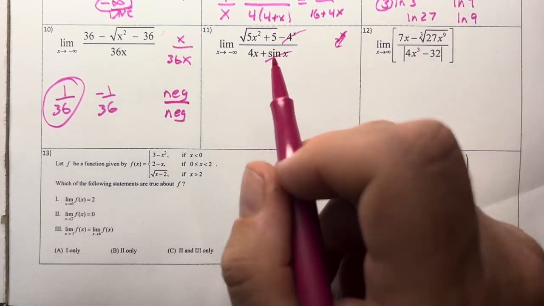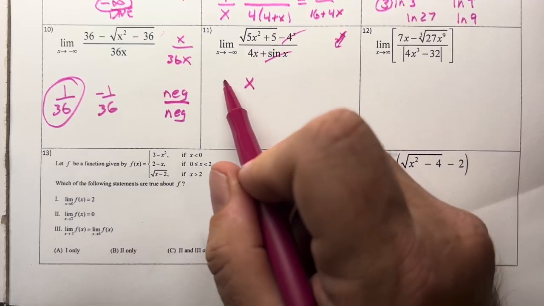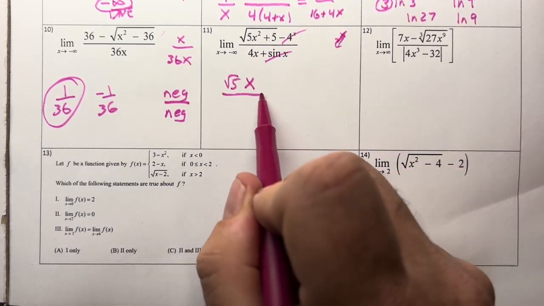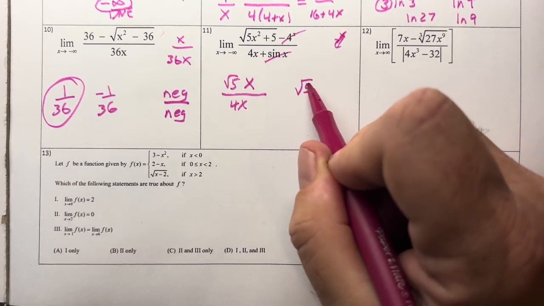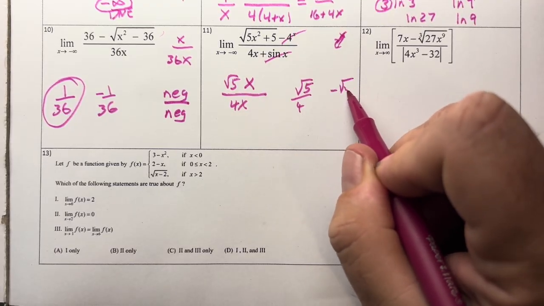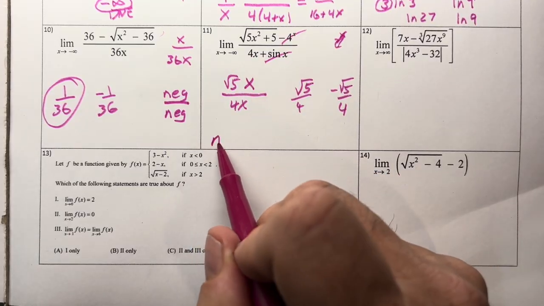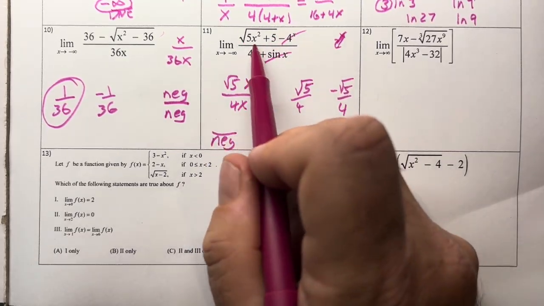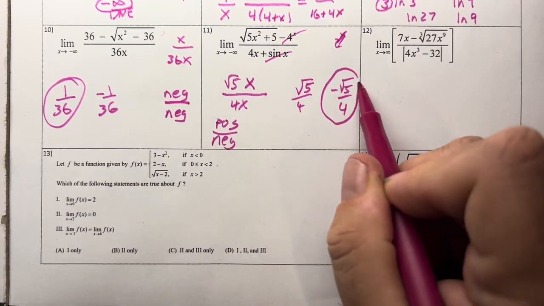And what do we really have? Square root of x squared is x. Now, square root of 5 is square root of 5, so there's no way to simplify that. And so we're choosing between root 5 over 4 and negative root 5 over 4. And at negative infinity, I notice the bottom is negative, and this square root thing is going to be positive. And so my final answer is that.